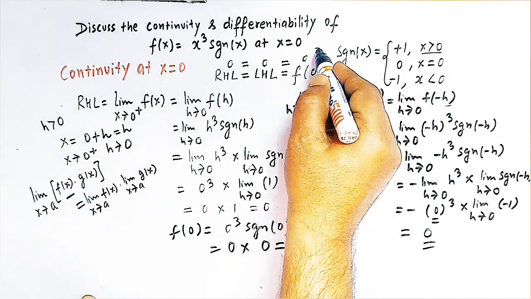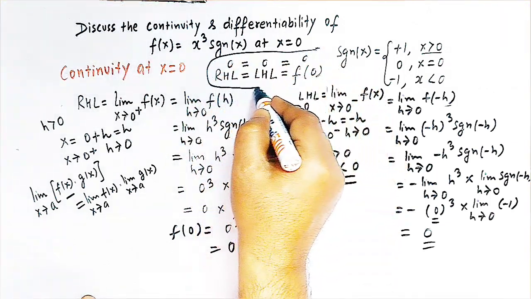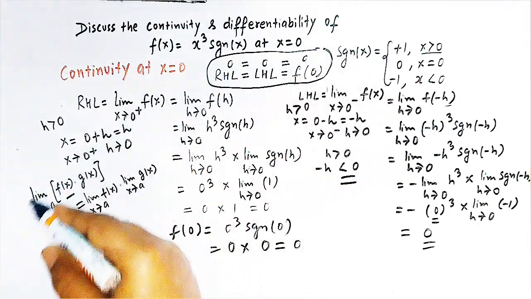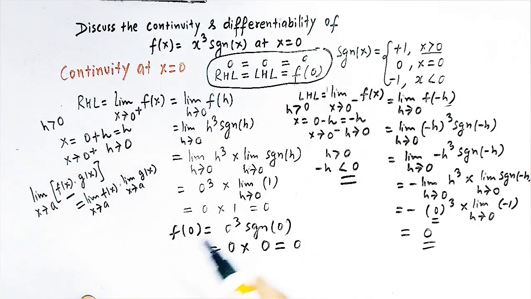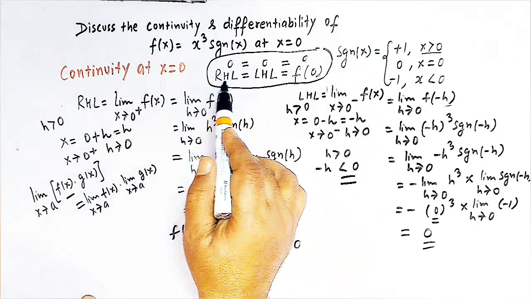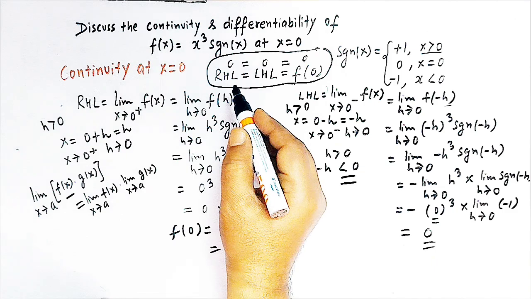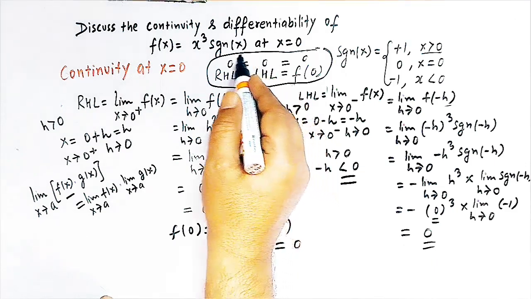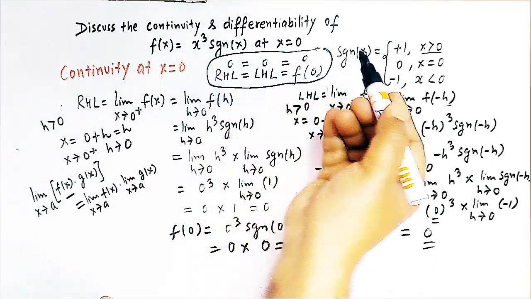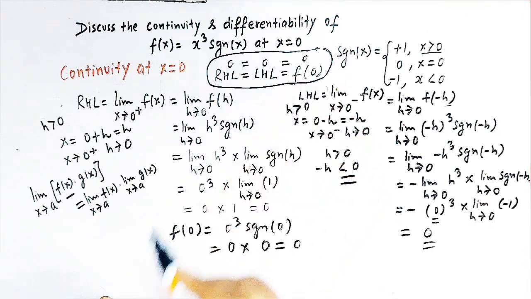The condition for the continuity of a function at a given point in its domain is that the right hand limit and the left hand limit both should be finite, they should exist, and they should be equal to each other. And moreover, the two sided limit should be equal to the value of the function at the given point.